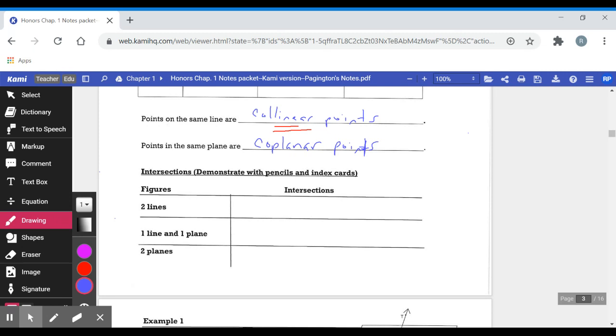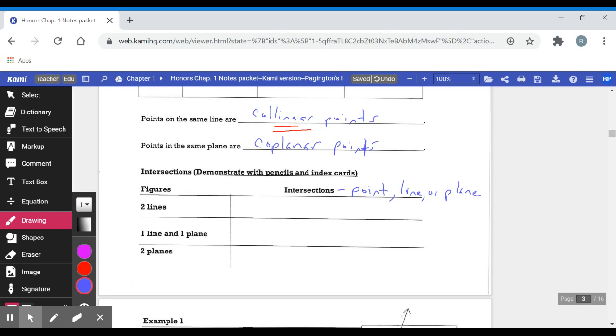We're talking about two lines, a line and a plane, and then two planes. And where they intersect is going to be either at a point, at a line, or at a plane. Okay, so in each of these three boxes, you're going to write either point, line, or plane, just one word in each. All three words may not end up getting used. Maybe something gets used more than once. Maybe it's the same answer for all. I want you to think through that.